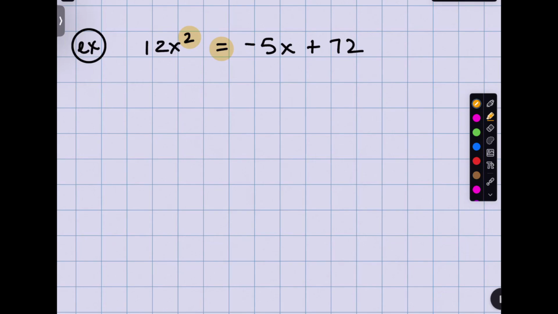Is that true? Okay. So I'm going to keep the 12x squared right here. I'm going to move the other 2 over. So plus 5x minus 72 is equal to 0. Questions?